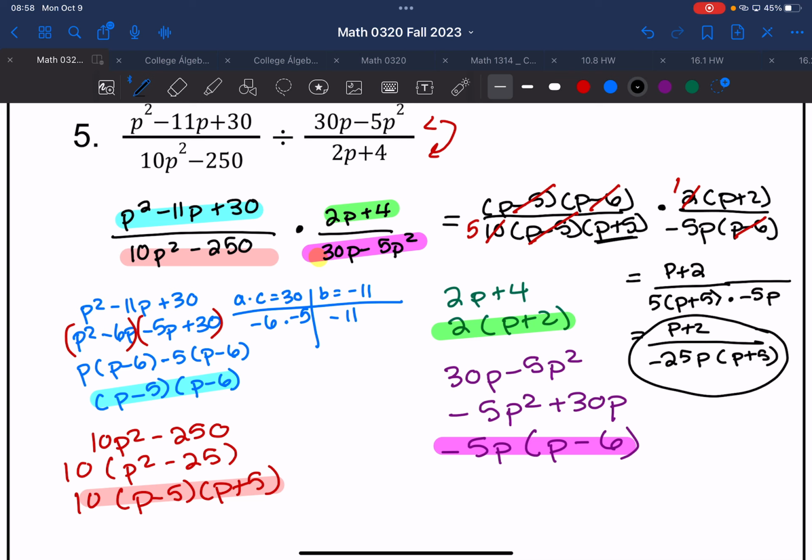So for these type of problems that require every single part to be factored, I would have to see the factors for each part, then see where you put it back together, and then see what you're canceling.